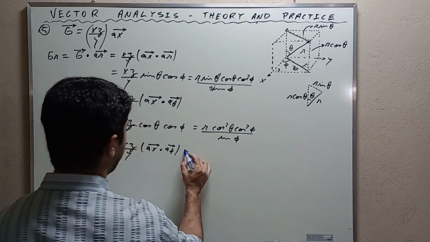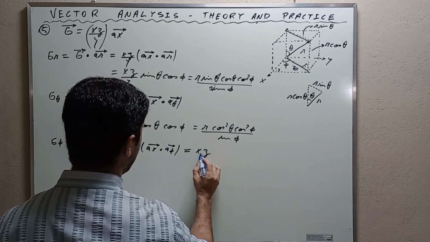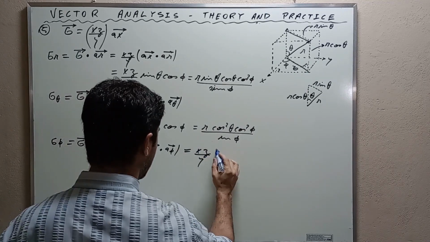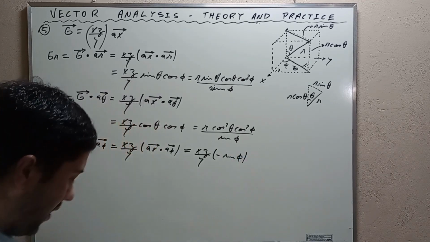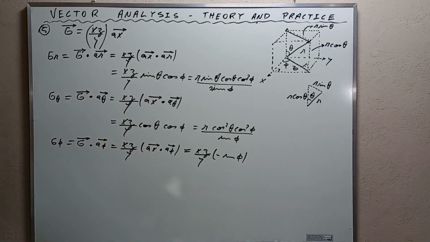Then this is xz over y times minus sine phi. Okay?